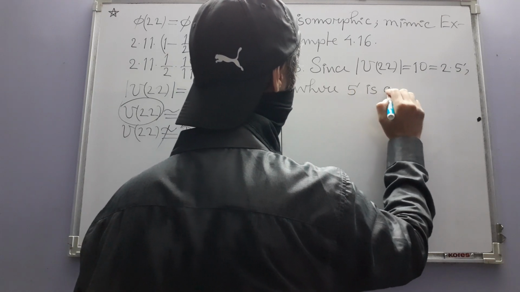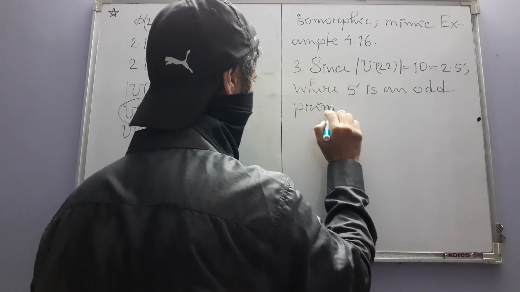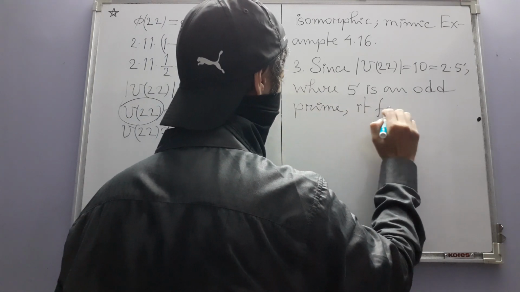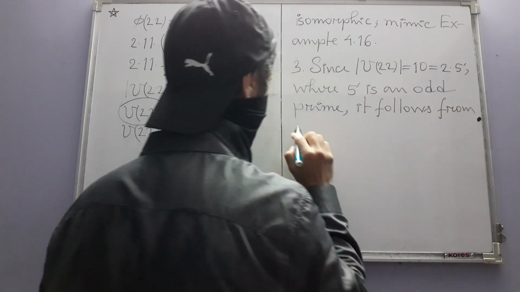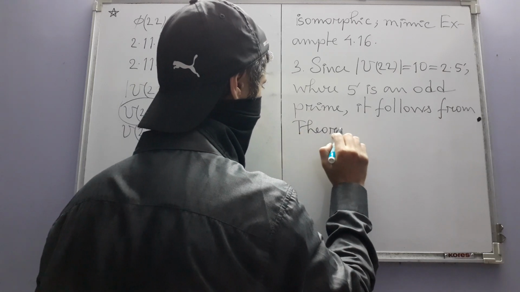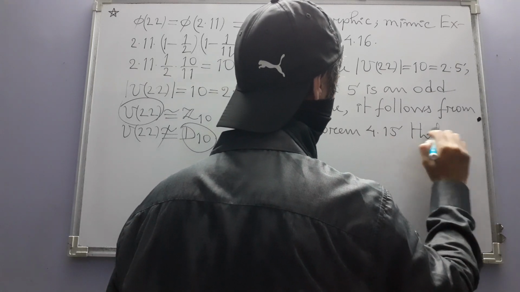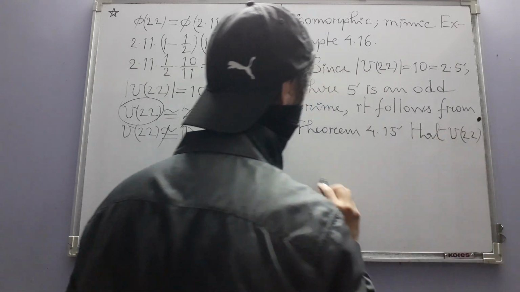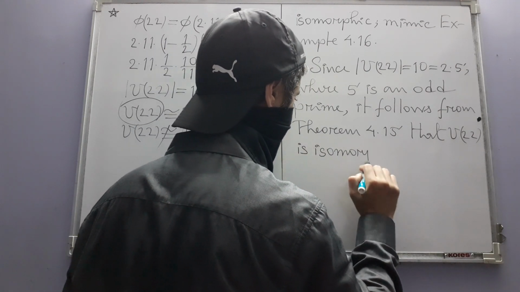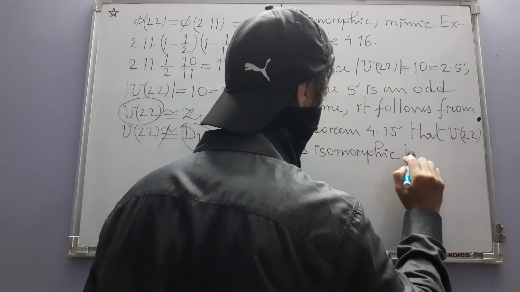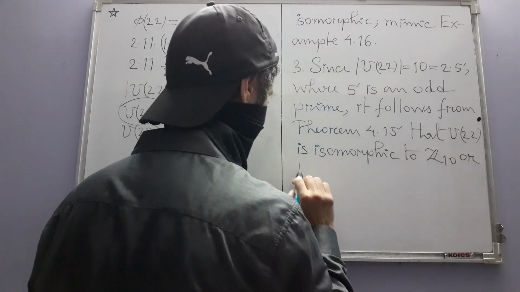Okay, since this is this where 5 is an odd prime, it follows from theorem 415 that U22 is isomorphic to Z10 or D10.